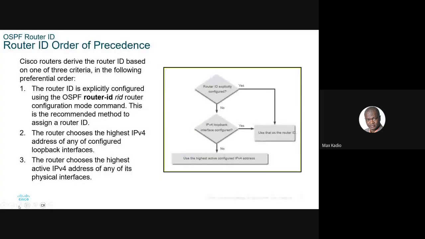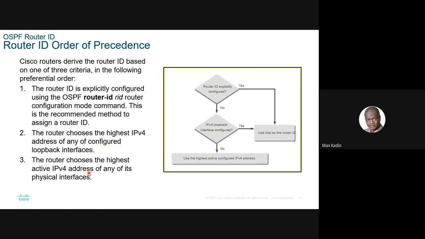So when it comes to router ID in OSPF, we have three options. Option one, we configure it ourselves manually, or if you don't do that, we go to option two. If we did configure loopback addresses, then the highest will be used. Else, the routers will compare the IPv4 addresses that are connected.